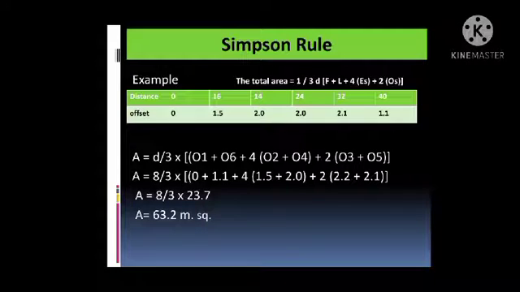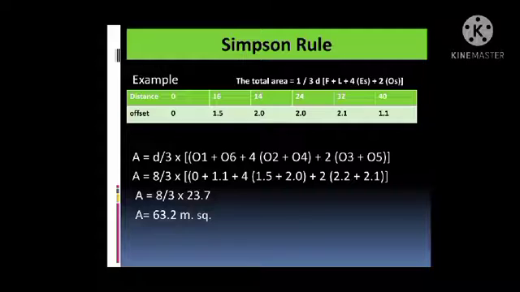Simpson rule example. The total area is equal to one-third D (F plus L plus 4(Es) plus 2(Os)). A is equal to D upon 3 into (O1 plus O6 plus 4(O2 plus O4) plus 2(O3 plus O5)).